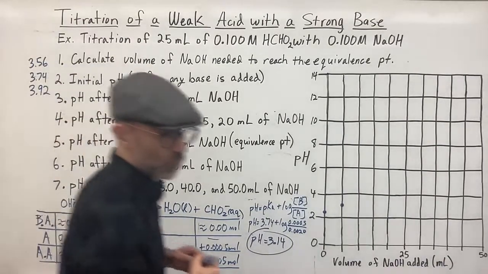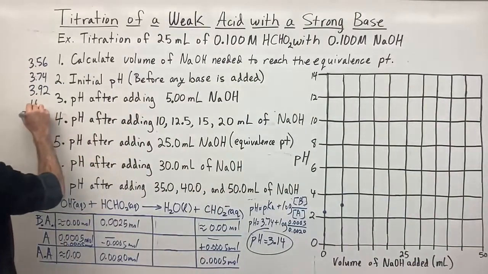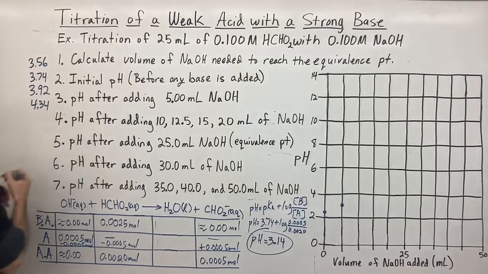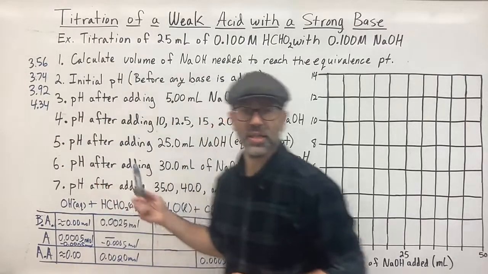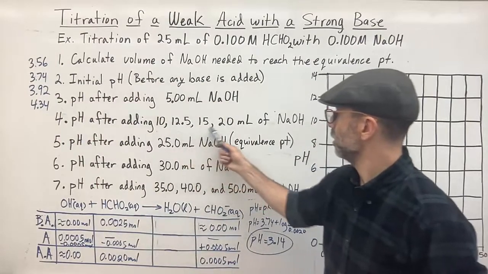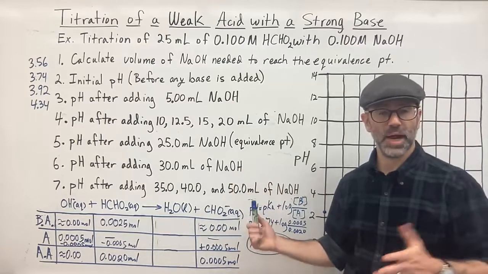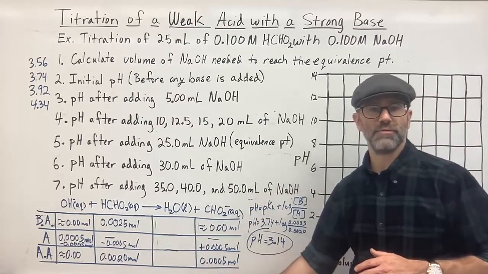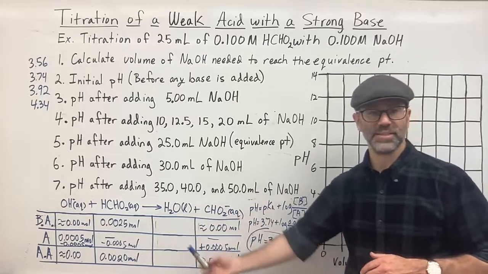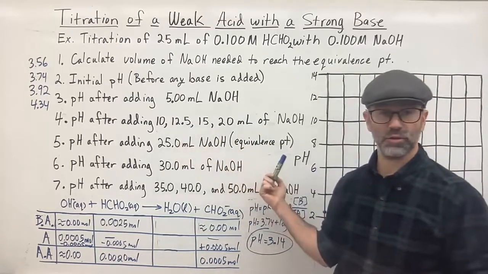And for the 20 milliliters, it is 4.34. So these are the pHs at each of these volumes, doing the exact same thing I did here. I'm not going to spend the time to do it here. But if you understood the 5 milliliter, then you do the exact same thing for these as well. So this is before you get to the equivalence point.